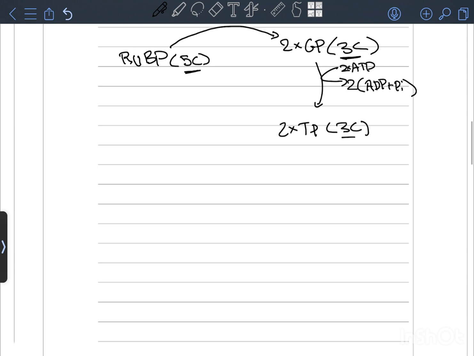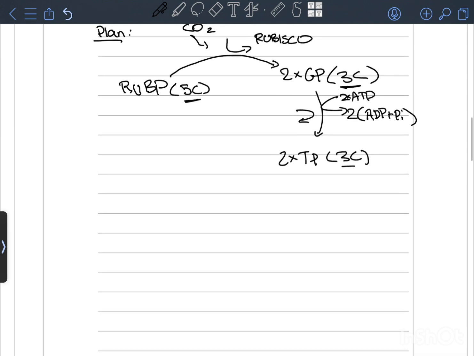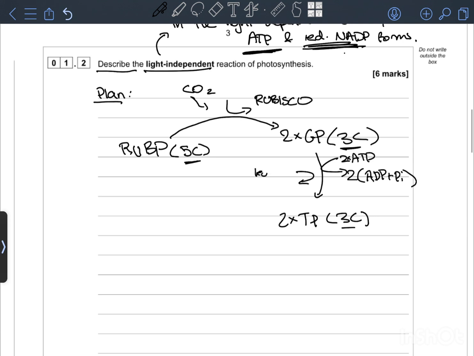Also, since the glycerol phosphate is reduced into the triphosphate, that means that something else needs to be oxidized. This is where the reduced NADP comes in, and that just becomes NADP.